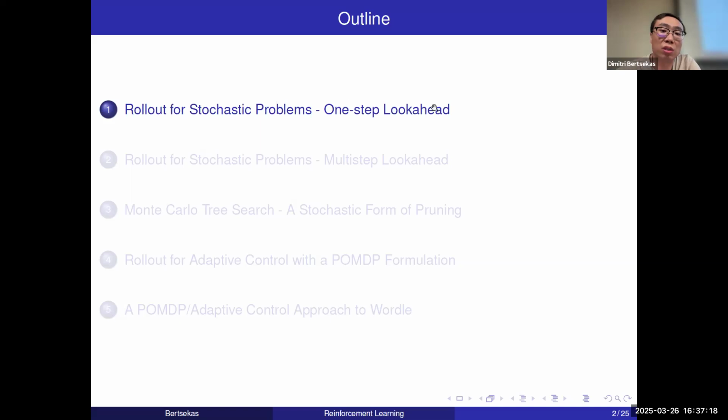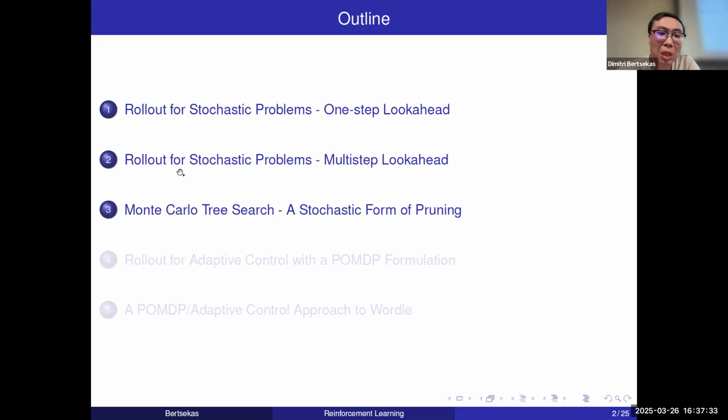First, we're going to deal with that within the context of one-step lookahead. Then we're going to talk about multi-step lookahead, focusing on rollout, but some of the ideas also apply more generally in approximation in value space.